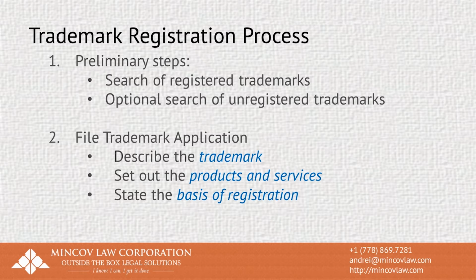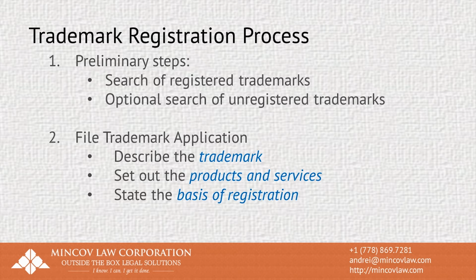Not surprisingly, you would file your trademarks with the use in Canada basis if you are already using your trademark in Canada. And I discussed the meaning of the word use in trademark law in another video in this series, but to recap, a trademark is used in association with products if you place it on your products or their packaging.